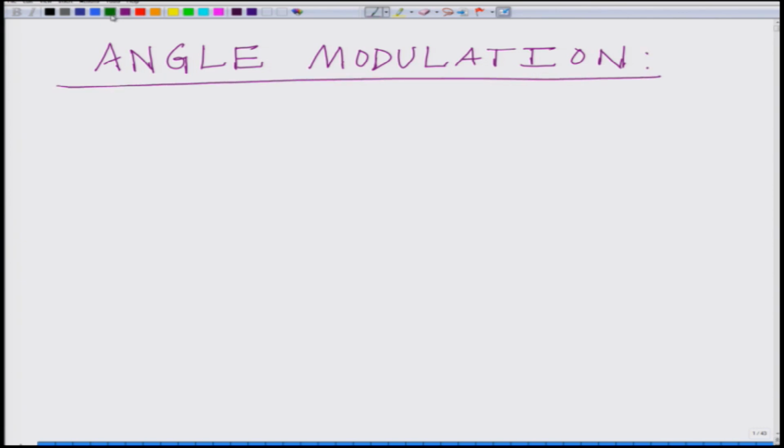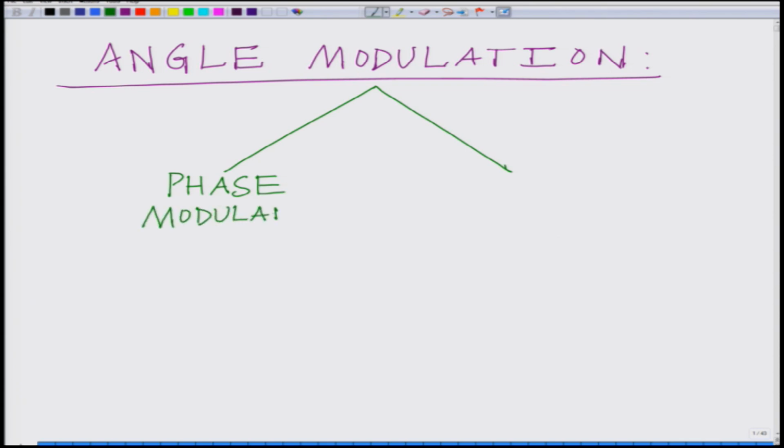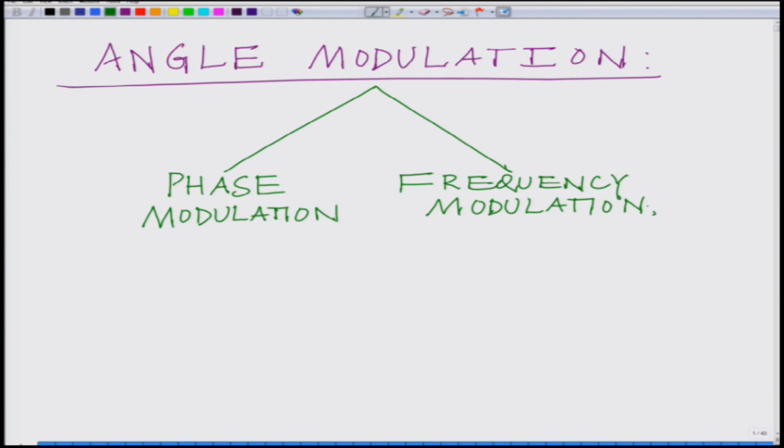Angle modulation can be of two types: either phase modulation or frequency modulation, and we will start looking at both these different kinds of modulation.